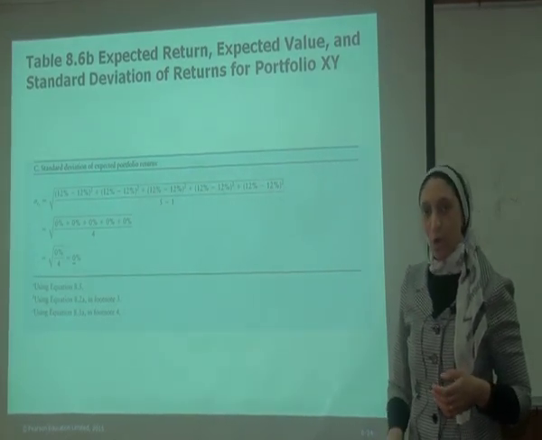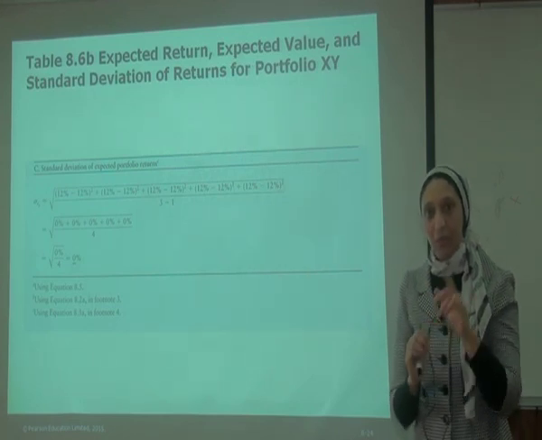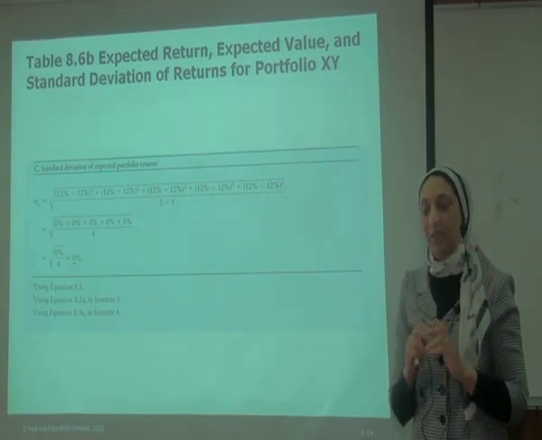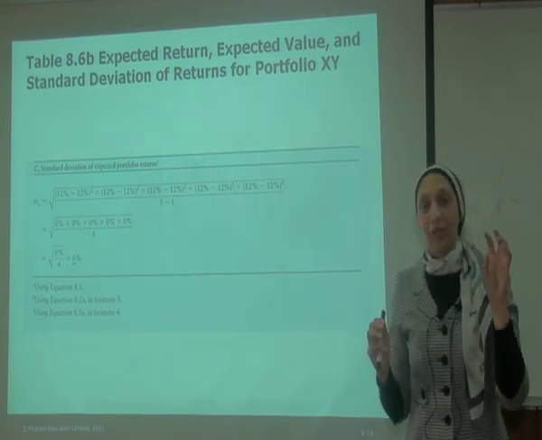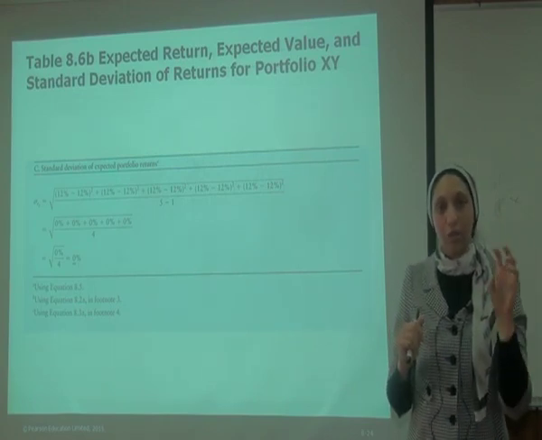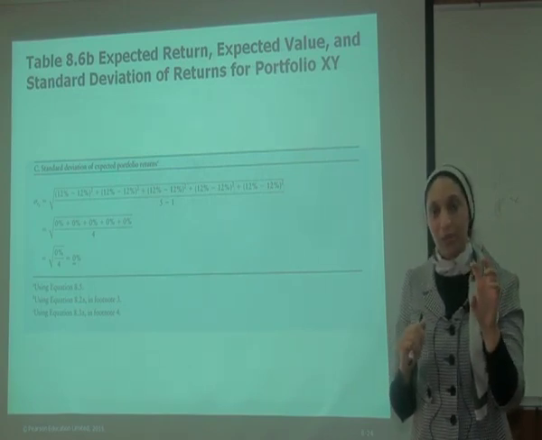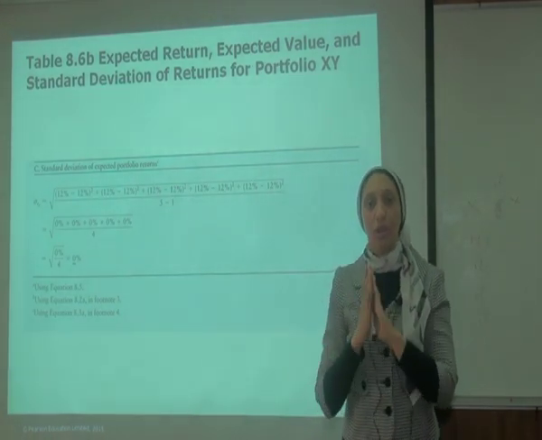Okay? This is regarding risk and return for a portfolio. It's very easy, but the main difference, as we mentioned, is that in calculating the return of the portfolio, you need to know the weight of each stock. And then you will multiply the weight of the stock by its return plus the weight of the other stock by its return, and so on.